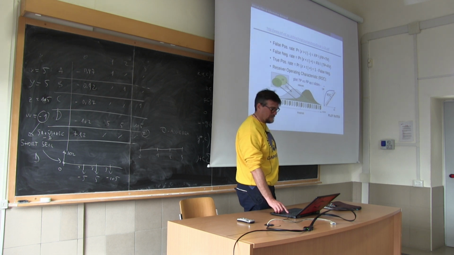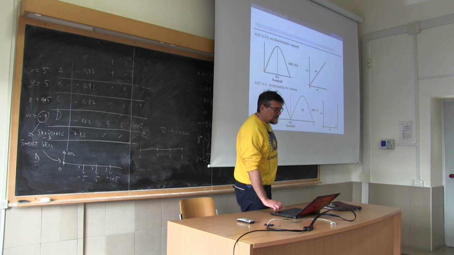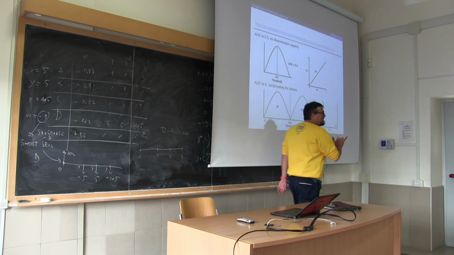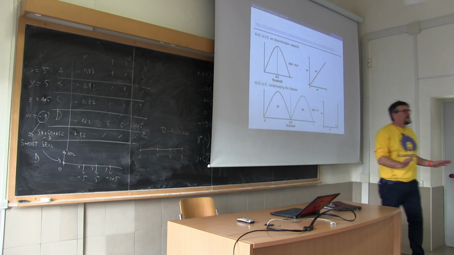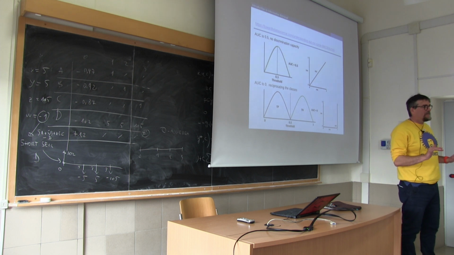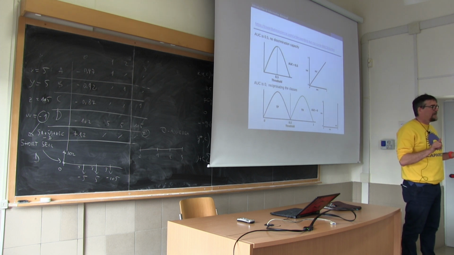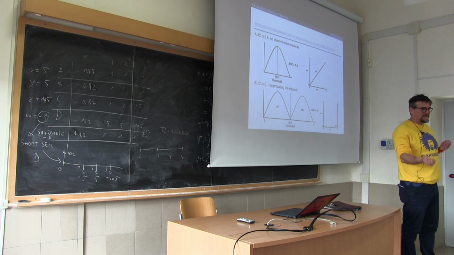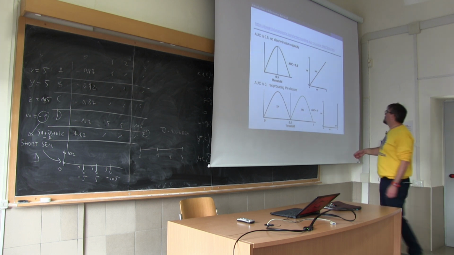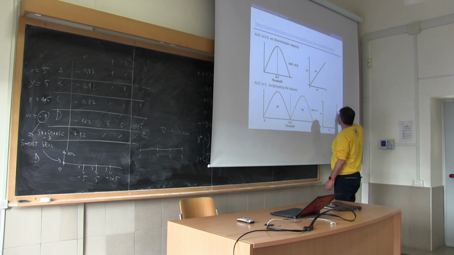Okay? Good. Finally, it can be the case that the system completely mixes up true positive and true negative. What does it mean? That when it observes a true positive, it considers it a true negative, and vice versa. So, in this case, this is the ROC.